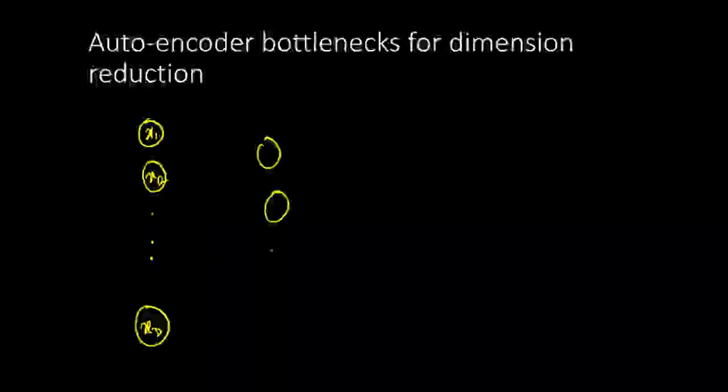The last technique that I will talk about is autoencoder with bottleneck for dimension reduction. What that means is, basically it's a neural network that tries to reconstruct the data through a bottleneck. Let's say you have x1 dimension, x2 dimension, all the way up to x capital D dimension. These are dimensions, not samples. I can send this to a layer which has fewer than D neurons.